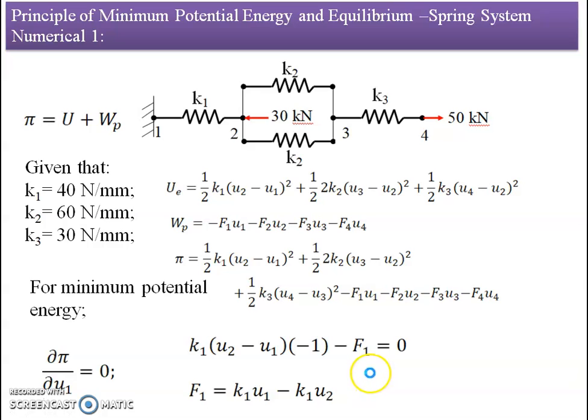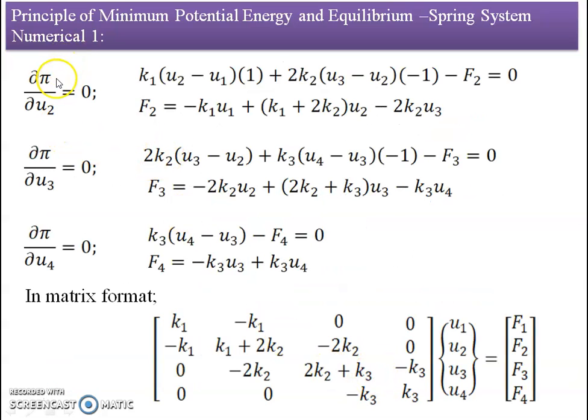Similarly, on the same basis I will differentiate the total energy with reference to the unknown displacement component u2. When I take the derivative, it will be K1 (u2 minus u1) into the derivative of the bracket. Here the 1/2 and the square, the 2 gets cancelled: K1 (u2 minus u1), and the derivative of the bracket will be 1.